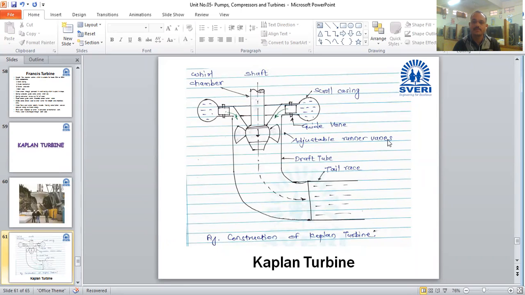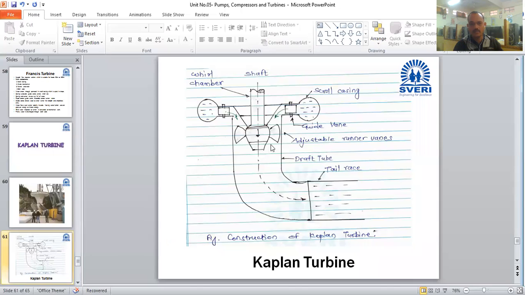Then adjustable runner vanes. Adjustable means the runner vanes can swing along their axis. When the water flow is low, we try to make them horizontal, and when the water flow is high, we try to make them vertical, not perfectly 90 degrees. Some angle should be there, otherwise it will not rotate. These adjustable runner blades are fixed on the hub or boss.